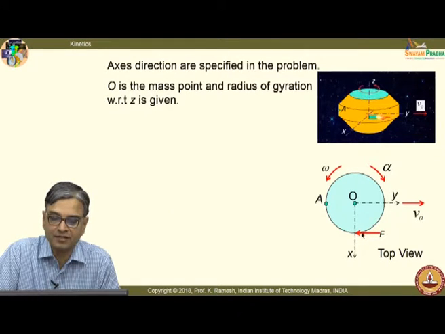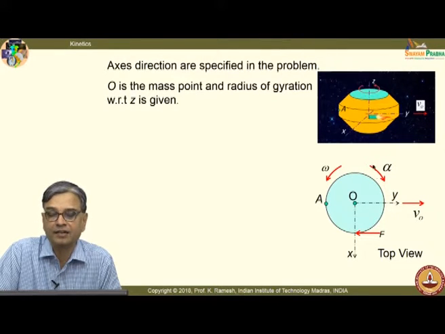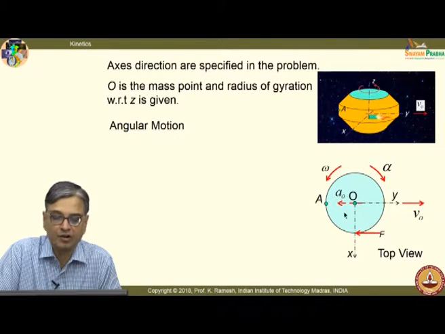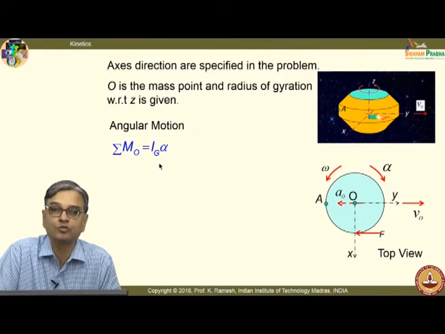So, when I have this, obviously this is going to create a deceleration like this. It will also reduce the velocity, it will also reduce the spin speed, and you are given the acceleration a naught. Angular motion we will look at. I have M naught, this is nothing but M_G equal to I_G alpha.